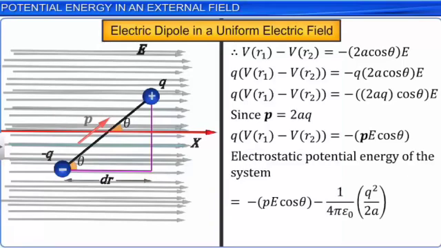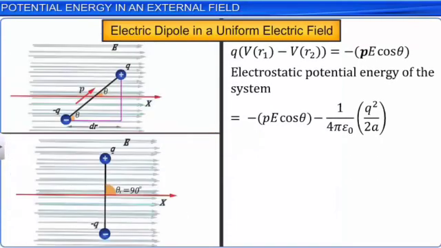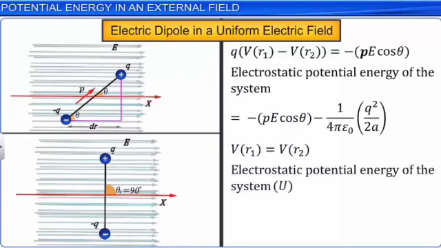If the electric dipole were perpendicular to the field direction, then the potential V of R1 will be equal to V of R2, and hence PE cos θ will be equal to 0. And hence, the electrostatic potential energy of the system will be equal to minus 1 by 4 pi epsilon naught Q square by 2a.